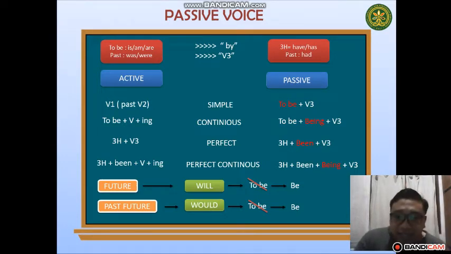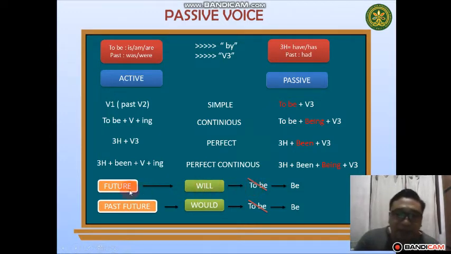To be here means is, am, are for the simple one, but for the past it uses was or were. But it is different for the future. Future and past future do not use to be; they include be.